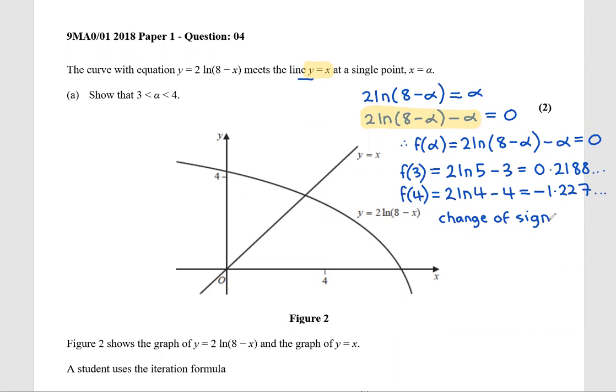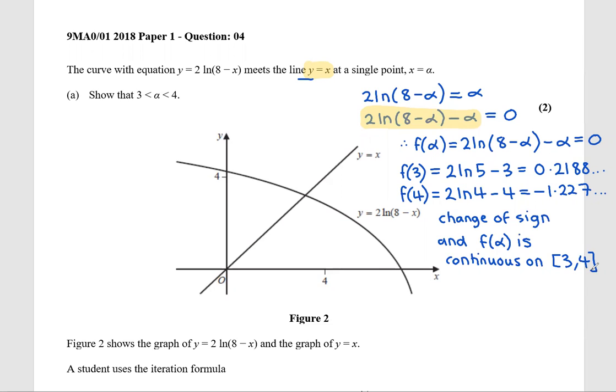Okay. Remember that a change of sign shows that for the function to pass from a positive to a negative value between the value 3 and 4, it has to pass through the x-axis. There's no other way it can do it. It could do it if it wasn't continuous. So we also have to state that f of alpha is continuous on the interval 3, 4.